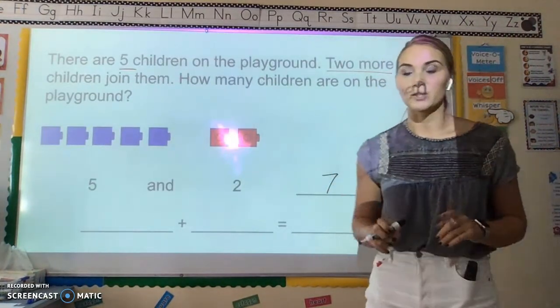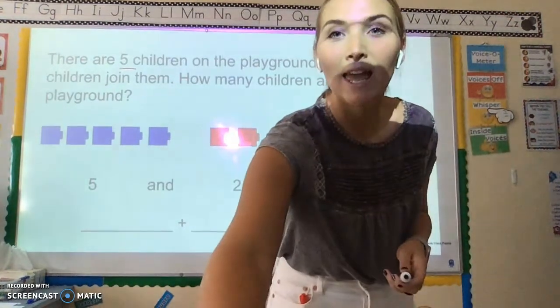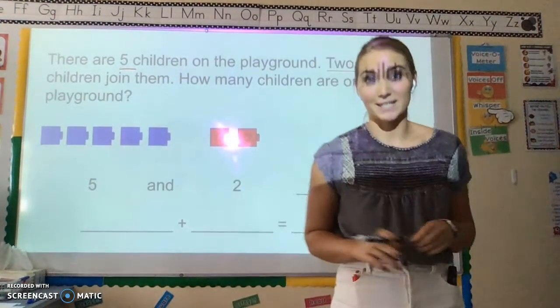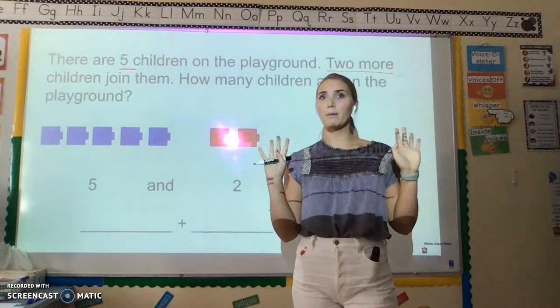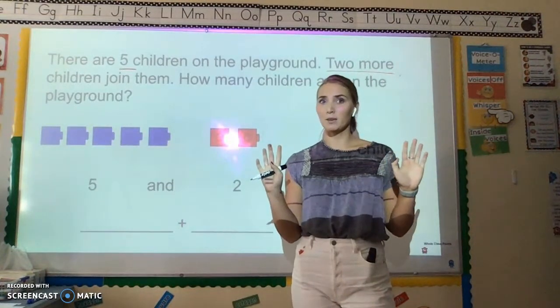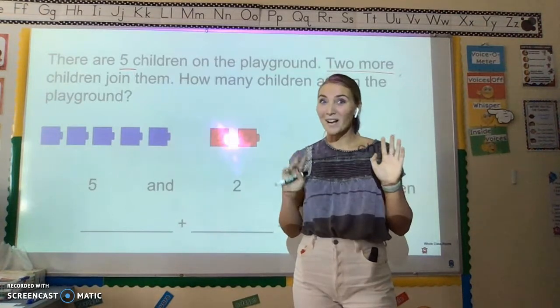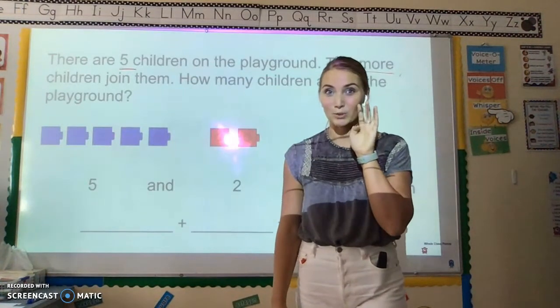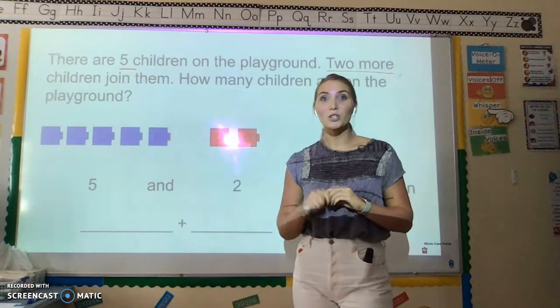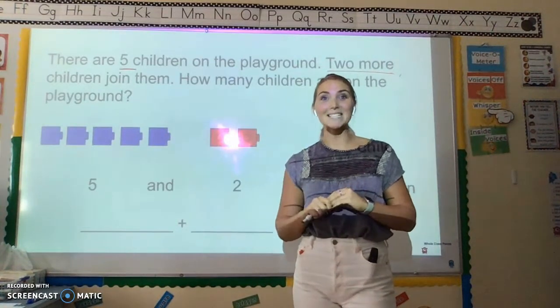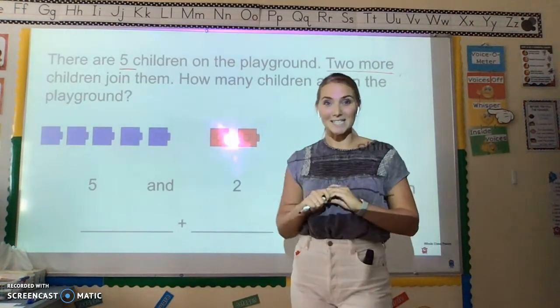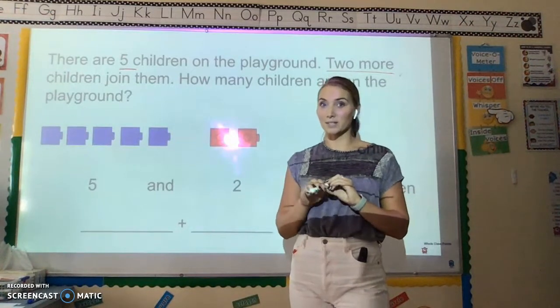Now, mathematicians, we are going to make a math sentence today. Wait. I know what you're thinking. Miss Rossman, sentences don't belong in math class. But they do, first graders. Today, you and I are going to write an addition sentence. And this is what it looks like.